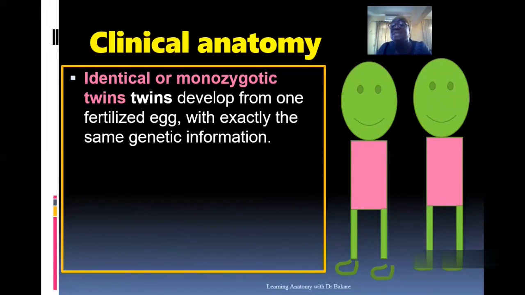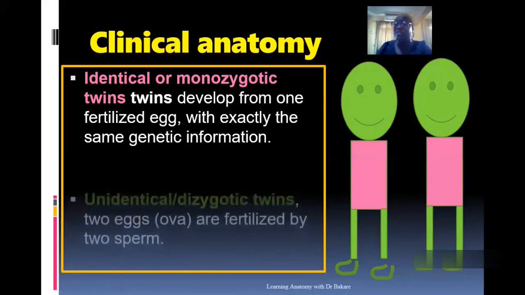So the twins that are produced from this kind of formation tend to be genetically identical because they are formed from a single zygote that is formed as a result of the fusion of one egg and one sperm. It is just that after the formation of the zygote, they tend to divide, thereby having the same genetic component, forming the twins that would tend to be identical.